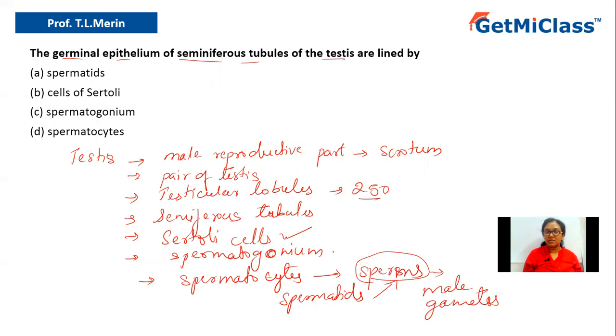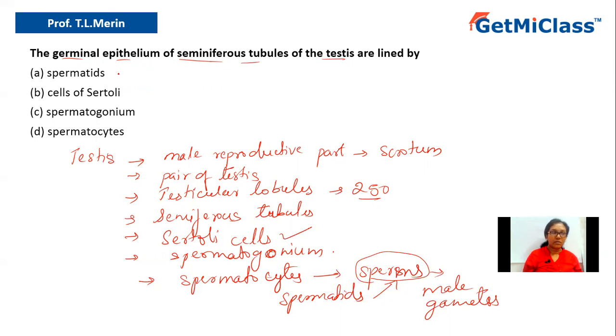These Sertoli cells actually nourish the sperms which are going to form, and also the spermatogonial cells, spermatocytes, spermatids and sperms. So the Sertoli cells form the lining, the germinal lining, in case of the seminiferous tubules of the testis.